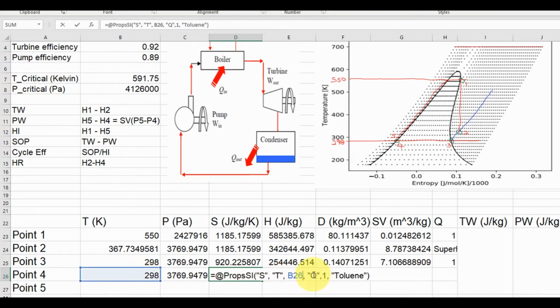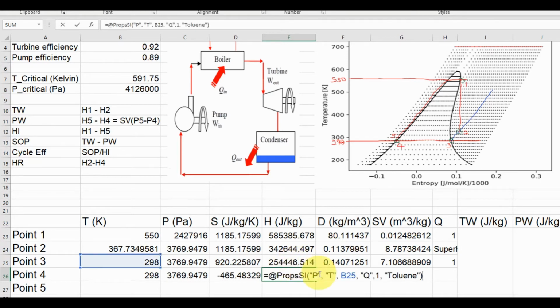And the quality of the fluid is 0, so we have to change this to be 0. And then you enter. So you see that the entropy at that point is a negative value. So when we look at this TS diagram, we see that the negative value starts occurring from somewhere around here. So it goes negative, which is in line. Then we find the enthalpy, which will also be a negative value from all indication.